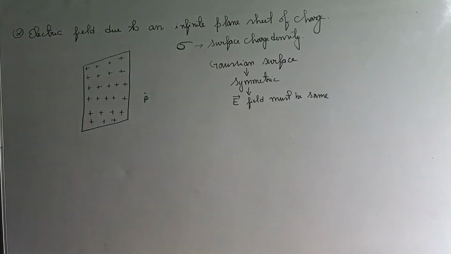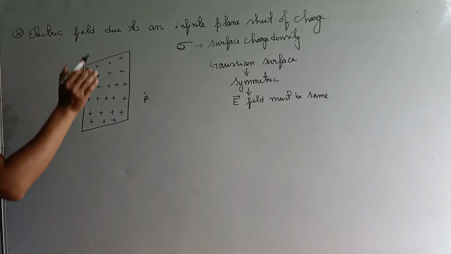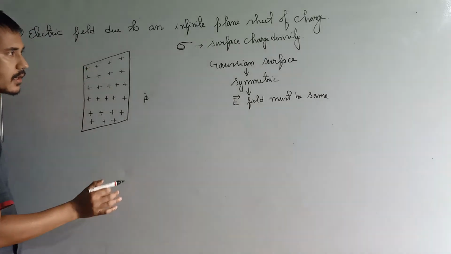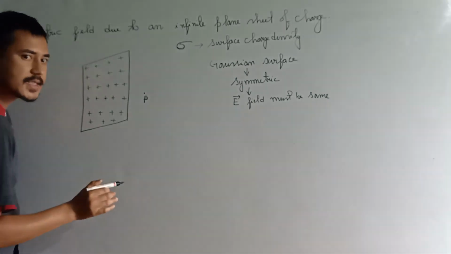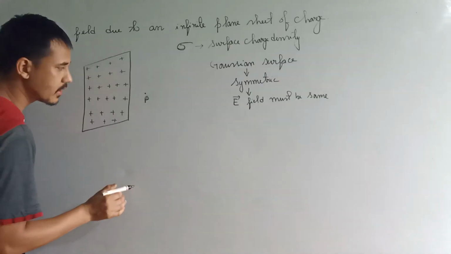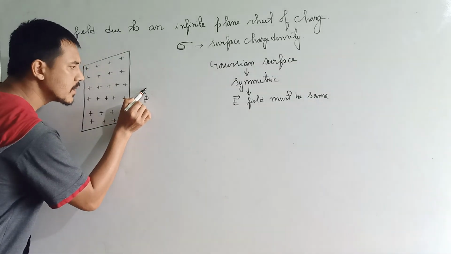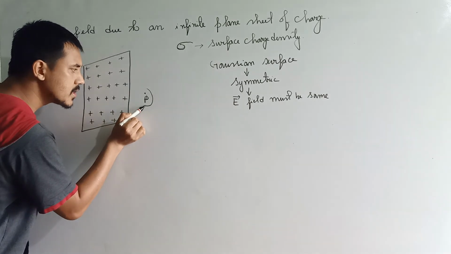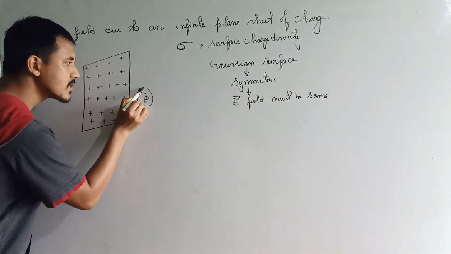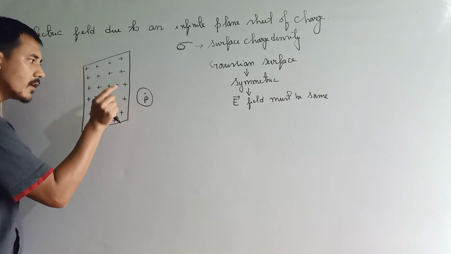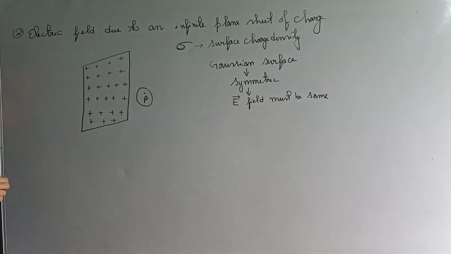So what I'm going to do is draw a Gaussian surface. This time also I'm going to draw a cylinder, such that this point P lies on the area of cross-section of the cylinder.